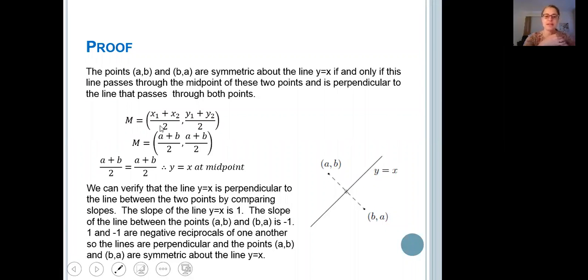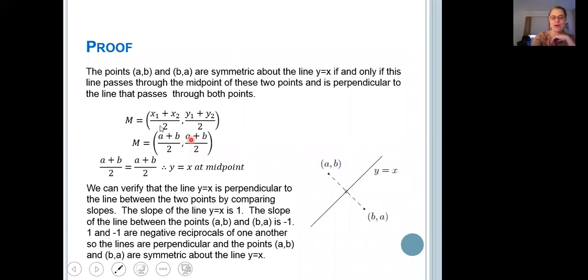using the midpoint formula. So we do that, and we'll call (a, b) point 1 and (b, a) point 2. So x1 is a, x2 is b, y1 is b, y2 is a.